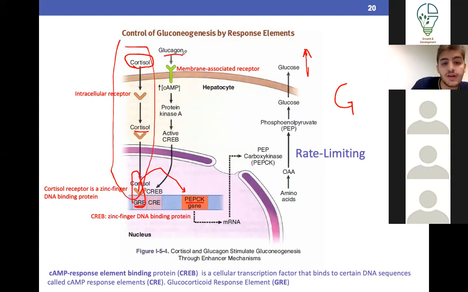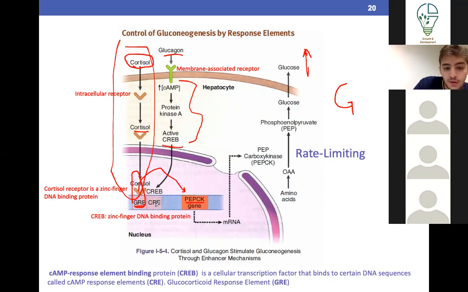Another mechanism: glucagon. Glucagon is a hydrophilic protein. Since it's hydrophilic, it cannot enter through the membrane. However, it can bind to receptors. Now, this creates an intracellular change that I 100% don't want you to know, or they won't ask about, because this is not the point of the lecture. But the end result is the production of CREB.